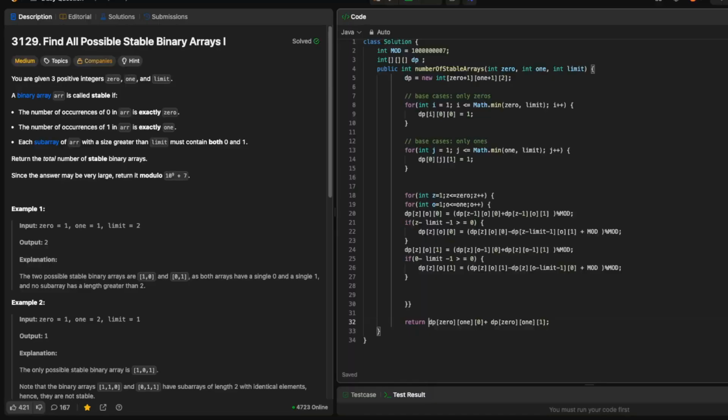And after this addition, the value can exceed our mod value, so we can add a mod here.